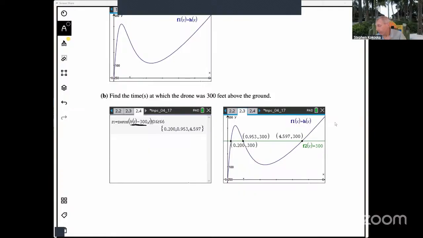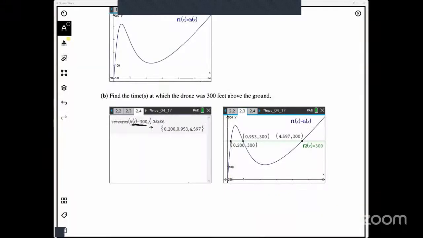Although it may be difficult to see, there is a vertical bar right after that parentheses, which I read as "such that" or "given that." So it's saying to the calculator, find the zeros of this function with respect to t, such that t is between 0 and 6.